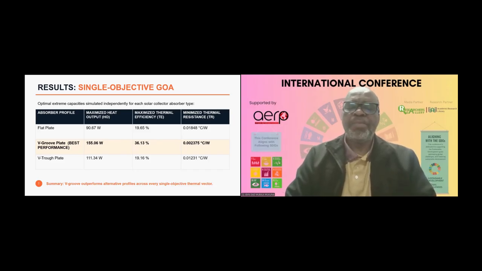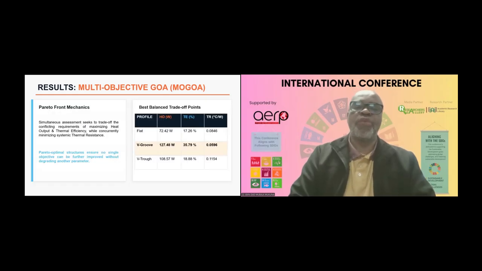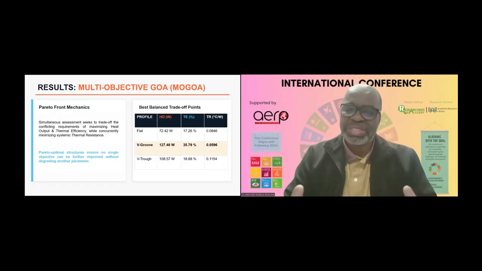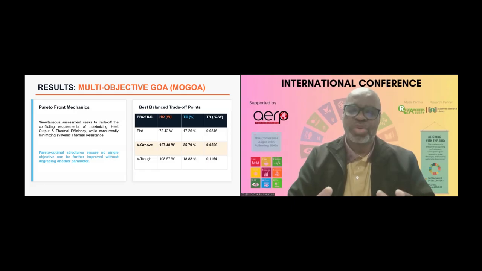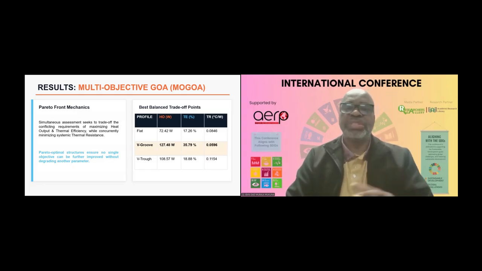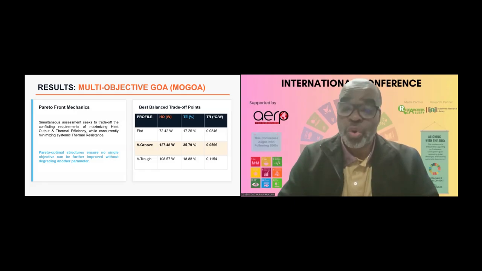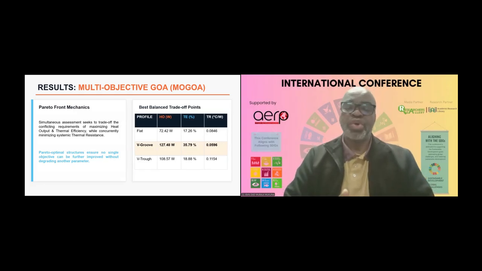But as we have 3 different objectives at the exit, we cannot take them individually because of contradictions. When we increase one, it might affect the other one negatively, or when we decrease one, it can affect the other one negatively. Then we had to go for multi-objective. We took the 3 objectives together and ran them using the Grasshopper multi-objective method.